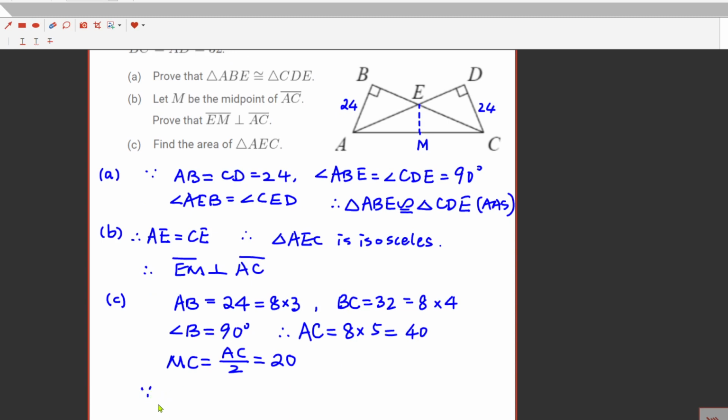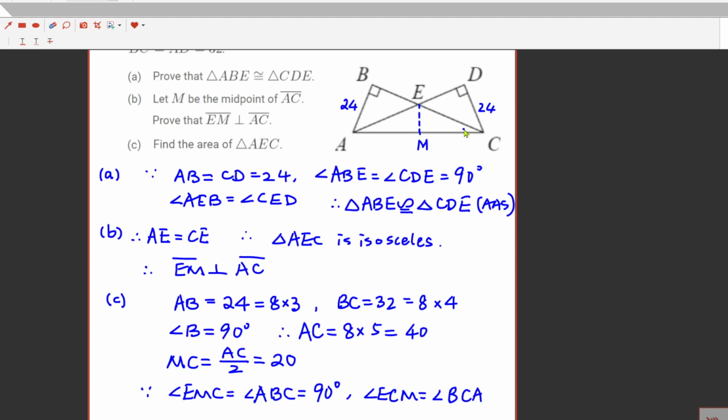Okay, probably we're going to use some similar triangles as well, because angle EMC equals angle ABC equals 90 degrees. Also, we have angle ECM equals angle BCA, right?